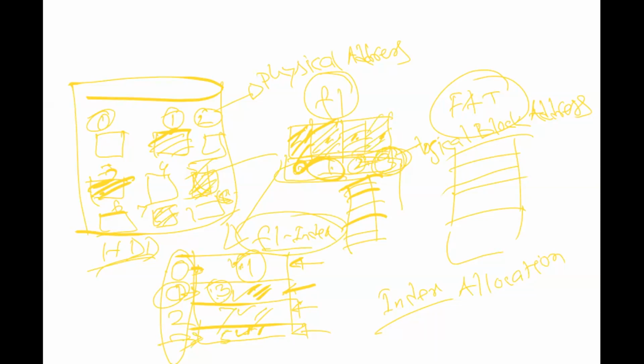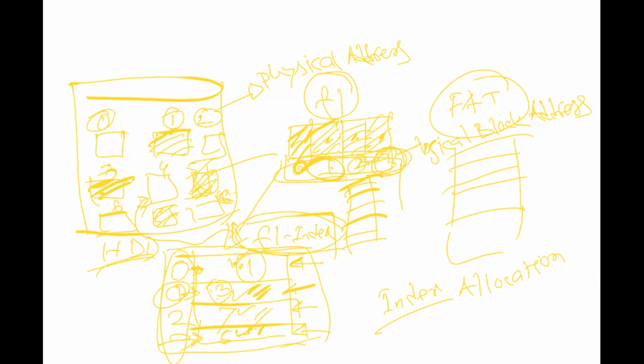All right. When you read this file, what will happen? This file index table also needs to be stored inside an HDD block. Of course, this is very important information when you read or write a file.